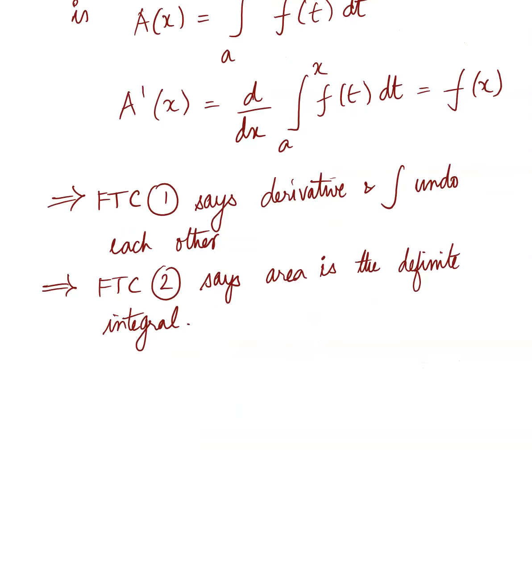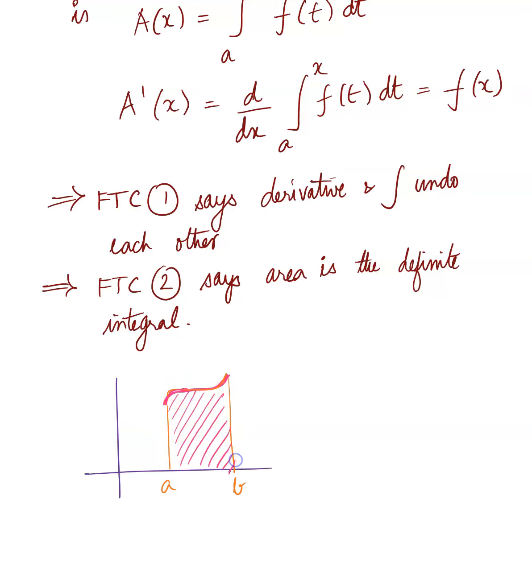So if I were to expand this a little bit, I did this graph before, maybe I should have kept that. Let's say it's going from a to b. I'll use a different color for this perhaps. So to get this area, let's say it's from 0, that's a common reference.